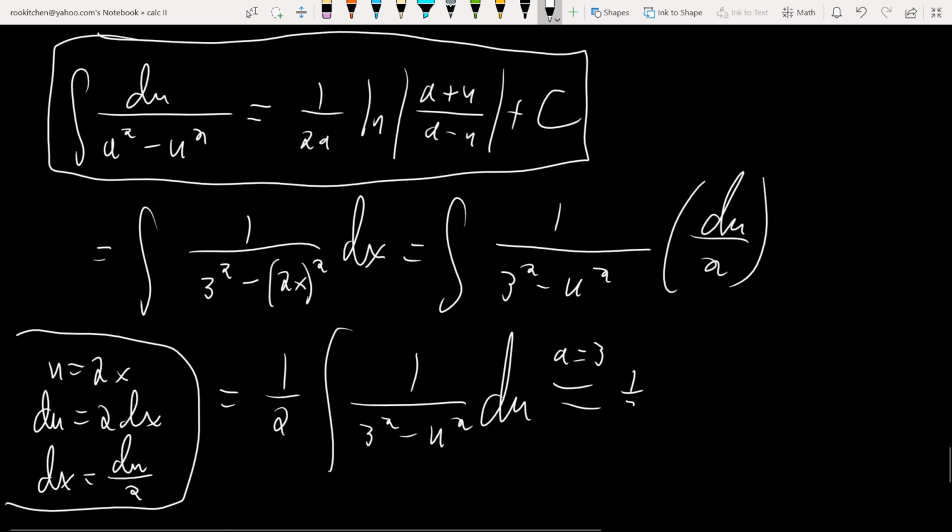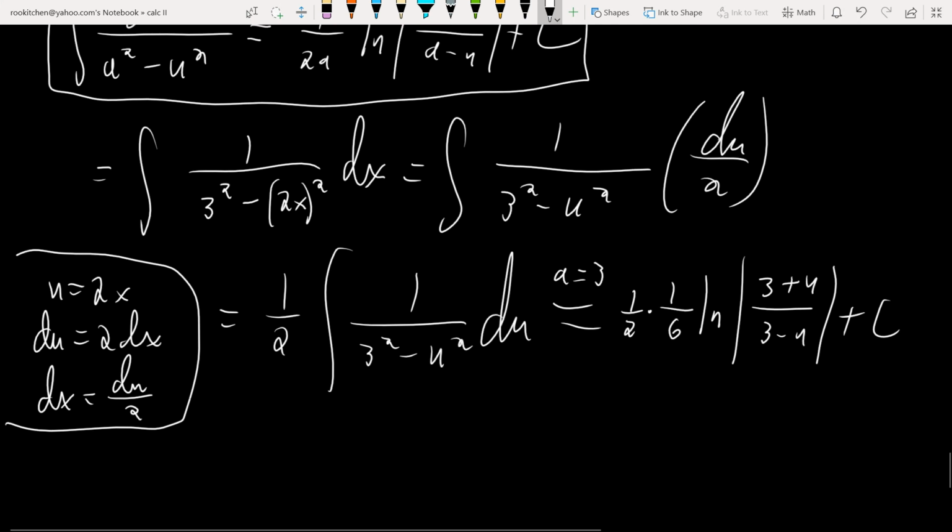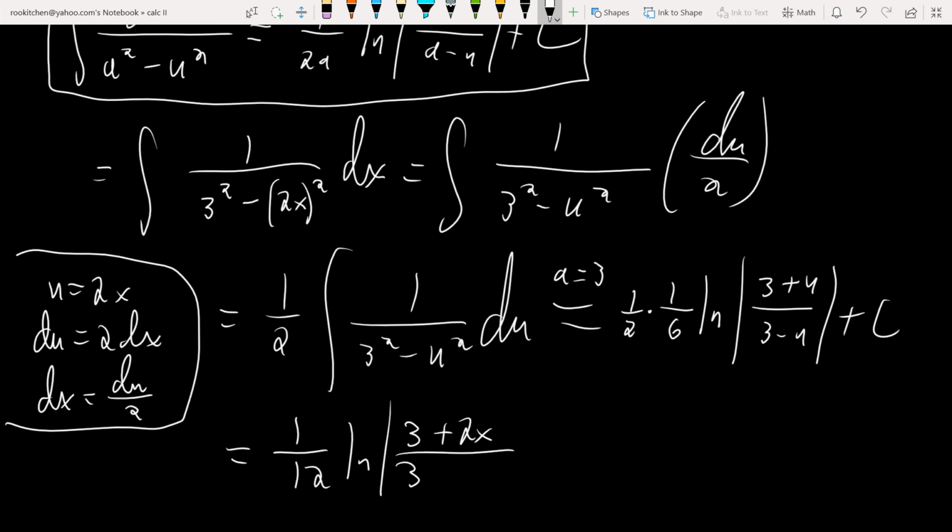So I'll have 1/2 times 1 all over 2 times 3, which is 6, times the ln of the absolute value of (3 plus u) all over (3 minus u), plus c, and then back-sub, and you're done. So this will be 1/12 ln absolute value of (3 plus 2x) all over (3 minus 2x), plus c.